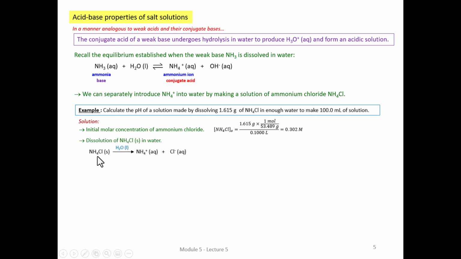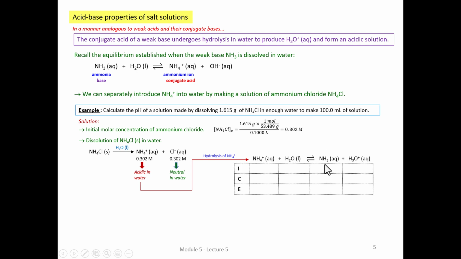If we dissolve the ammonium chloride solid in water, we get ammonium ions and chloride ions, 0.302 molar of each. We said chloride ions are neutral. The ammonium ion we claim is going to be acidic in water, so let's write a hydrolysis reaction, and you can see that the H plus from ammonium ion could be donated to water to form a hydronium ion, leaving ammonia on the other side.